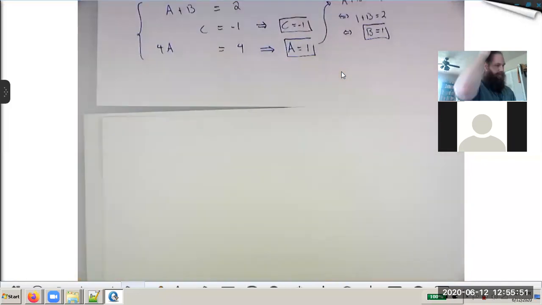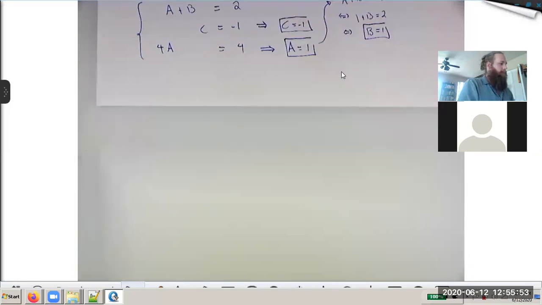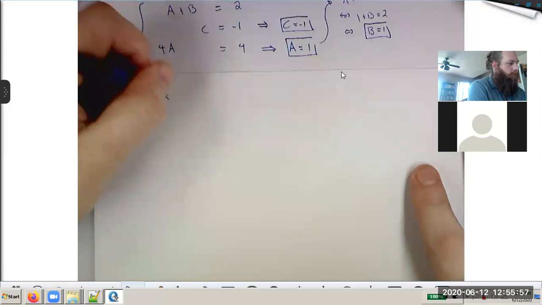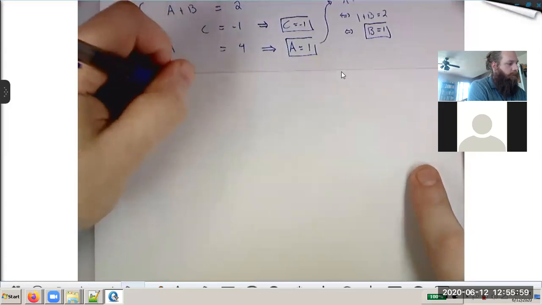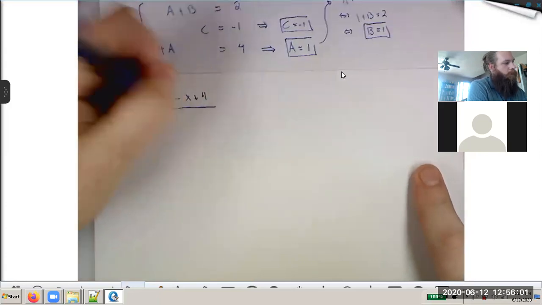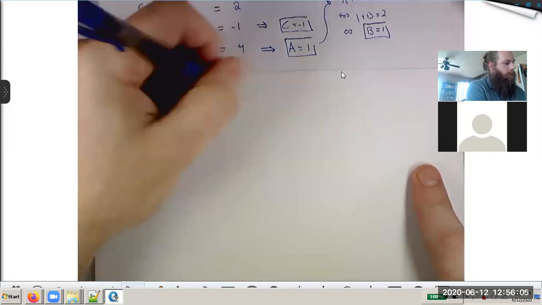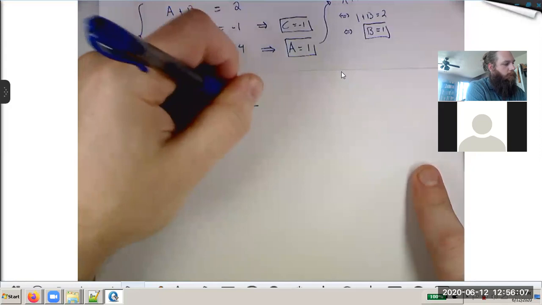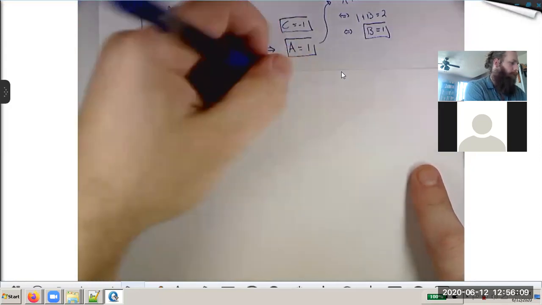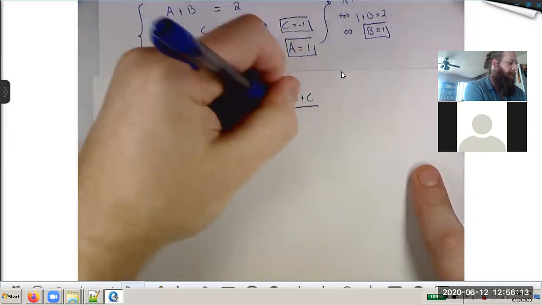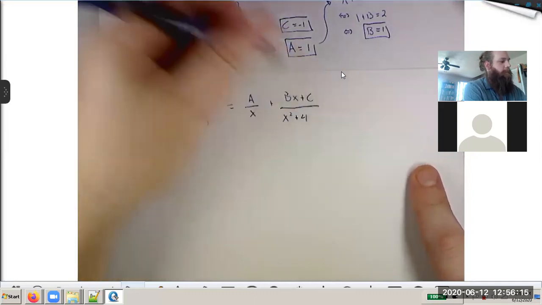You gotta go though. So I return to my PFD setup where I said 2x squared minus x plus 4 over x times x squared plus 4 is equal to a over x, plus bx plus c over x squared plus 4.